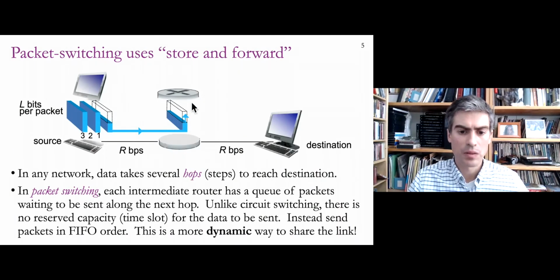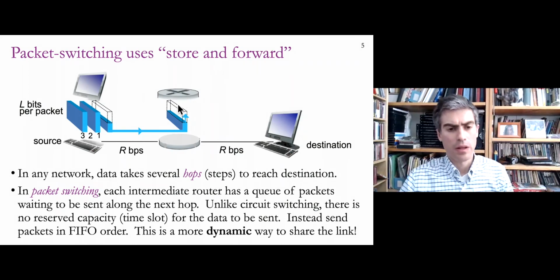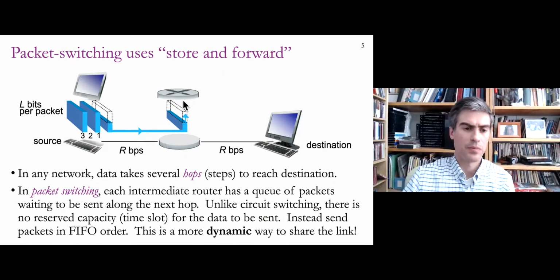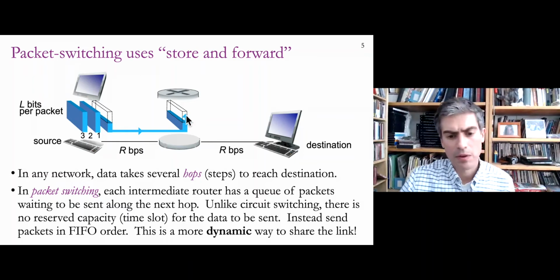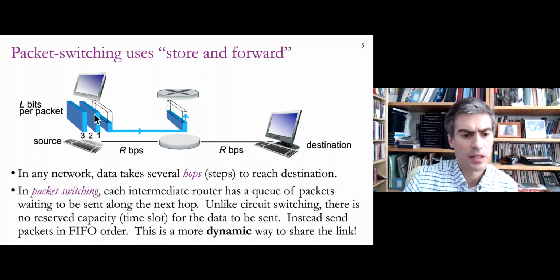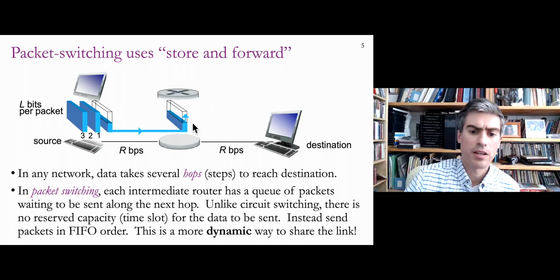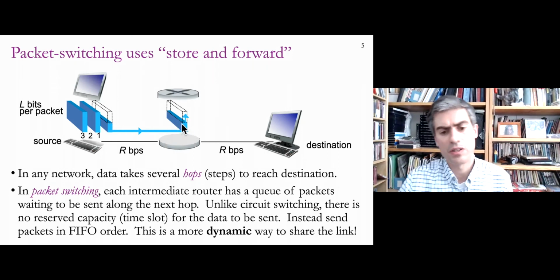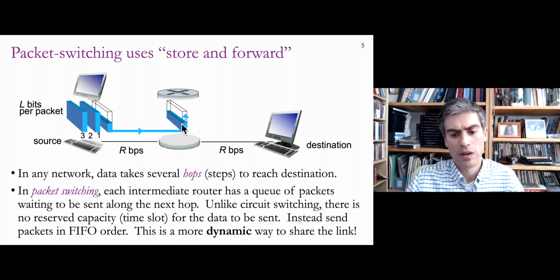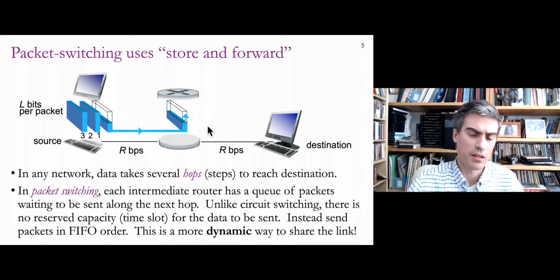So you have intermediate routers or switches, but with packet switching, the difference is that the data is broken into packets. The packets are stored in a queue when they reach one of these intermediate routers, and they're eventually sent further along toward the destination.